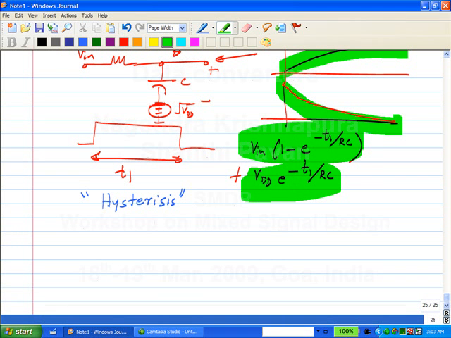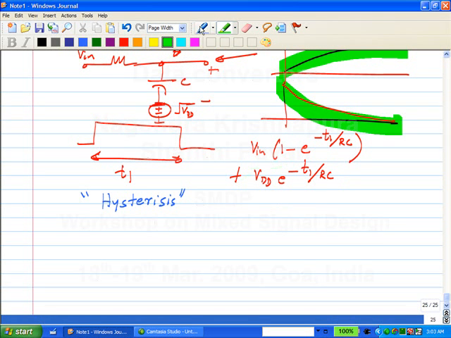The biggest problem will happen when the input in the previous cycle was just above 0, and in the next cycle has gone to just below 0. Then what happens?